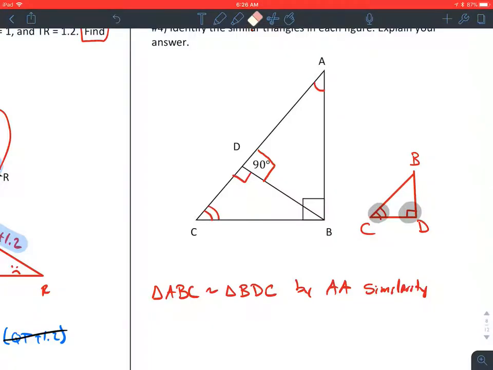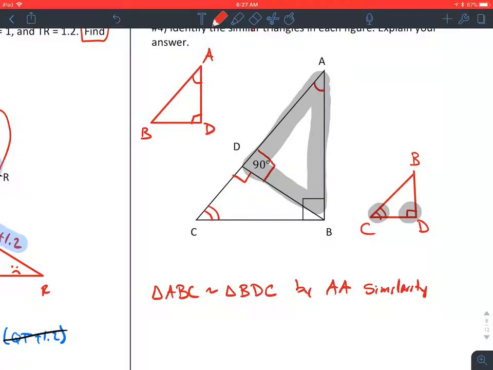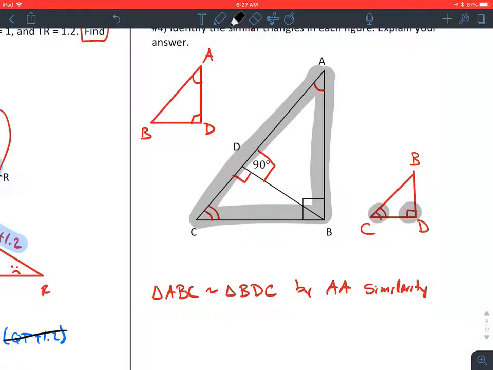Let's see what else we can do. If I focus now on this little fella, and I redraw it so that I got 90 degrees in the bottom right and 1 arc in the top. The 1 arc is A, the 90 is D, and the angle I don't know is B. That makes that similar to this triangle.